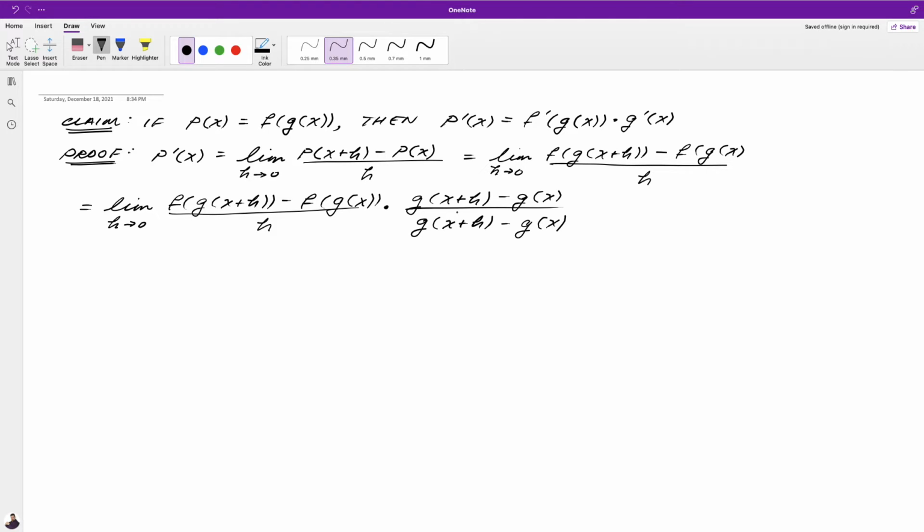Now, I'm going to switch out these denominators because, as you see, g of x plus h minus g of x over h, the limit as h goes to 0 of that is g prime of x. I'm going to be using the algebraic property a over b times c over d equals a over d times c over b.